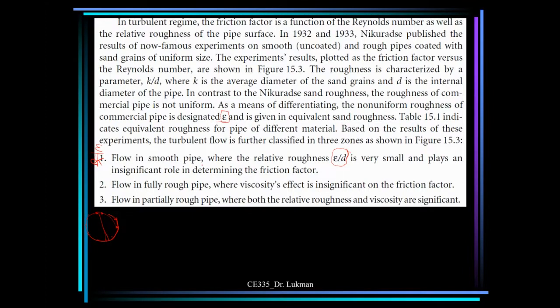For smooth pipes, epsilon will be low. Flow in fully rough pipe is where viscosity's effect is insignificant on the friction factor. And you have flow in partially rough pipe, where both the relative roughness and viscosity are significant.